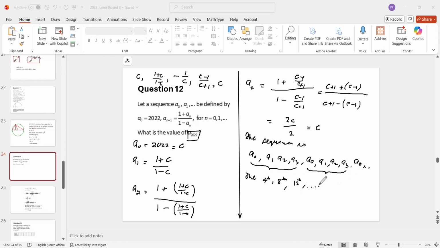That's why I chose this, because the nearest multiple of four, we need to get to the neighborhood of this point here. And that we can see the nearest multiple is 2020.